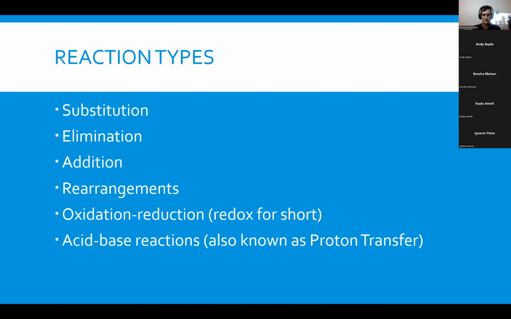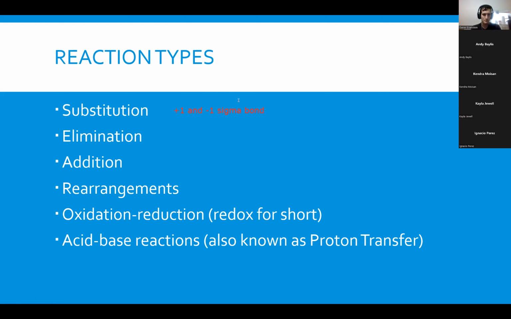Yes, indeed. So let's go through it. What's a substitution? A substitution is going to be plus 1 and minus 1 sigma bond. Basically, what I'm trying to get to is we are removing 1 sigma bond and then adding another.